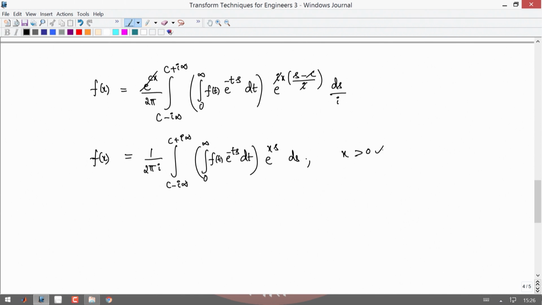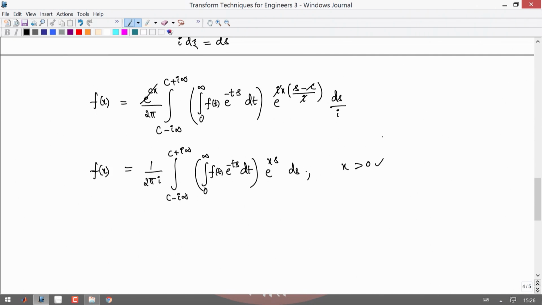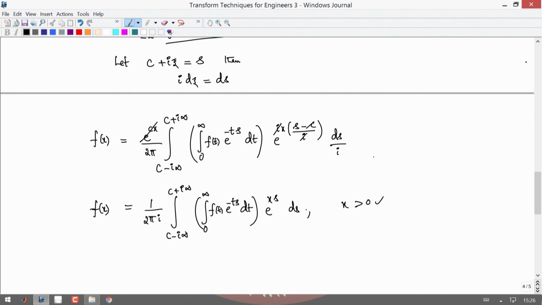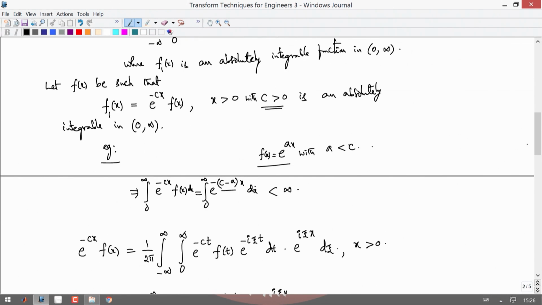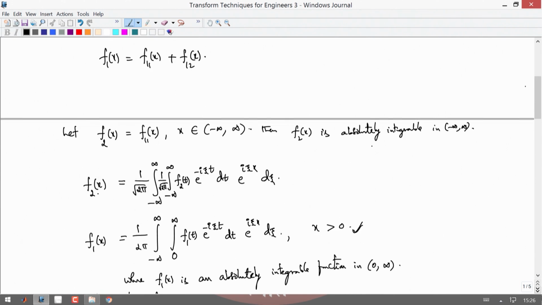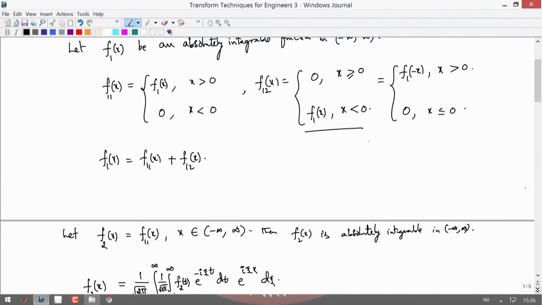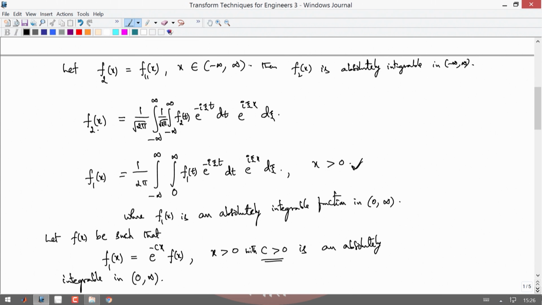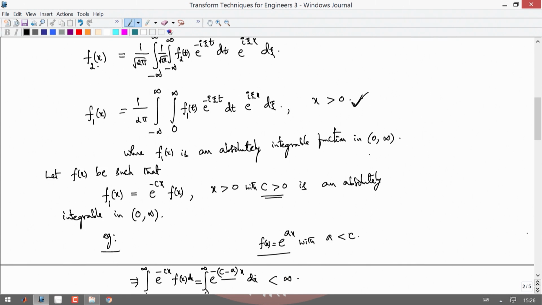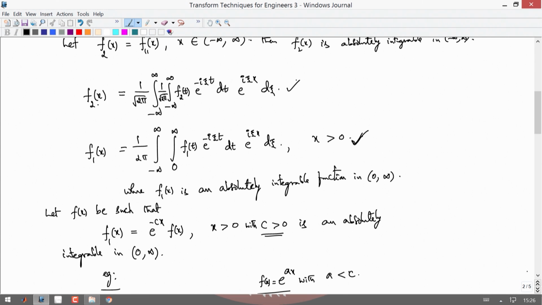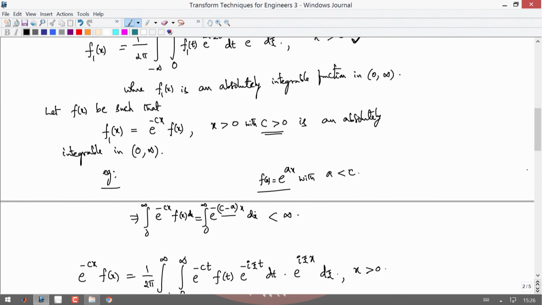for the positive side. So, I have not created anything so far. Everything I have used is only the Fourier integral theorem, that is this one. This is the Fourier integral theorem I used, and in the place of an absolutely integrable function, I have chosen it in this form.